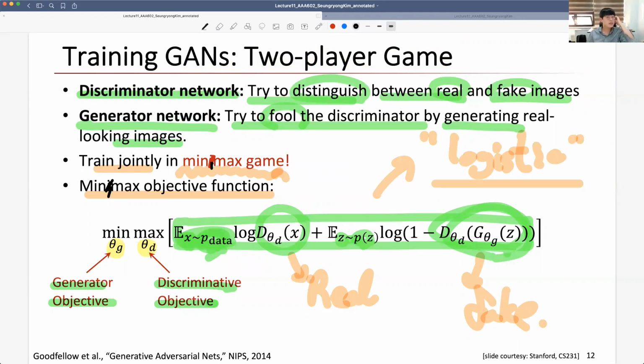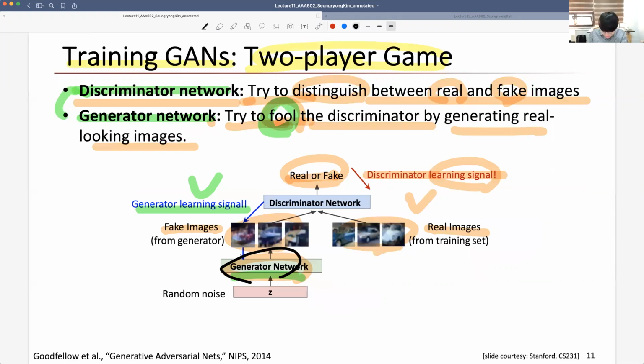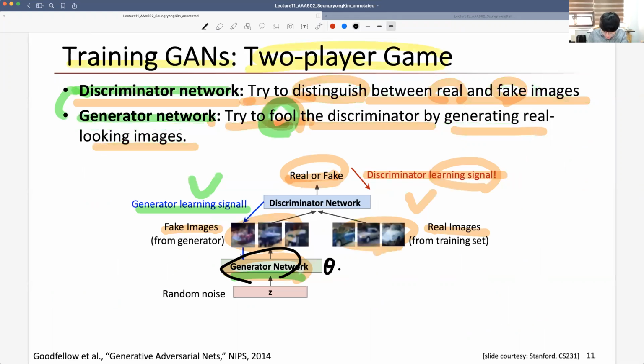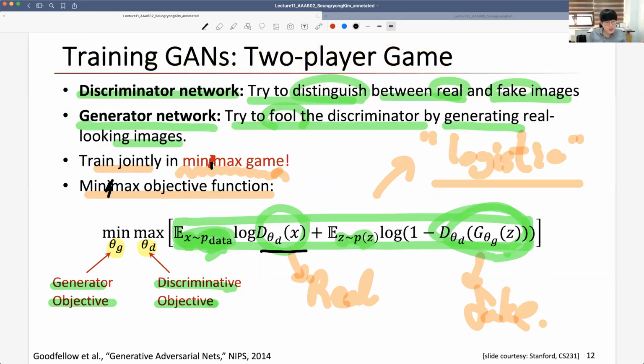So the minimax objective function is defined like this. We have the generator network parameter theta g and the discriminator network parameter theta d.